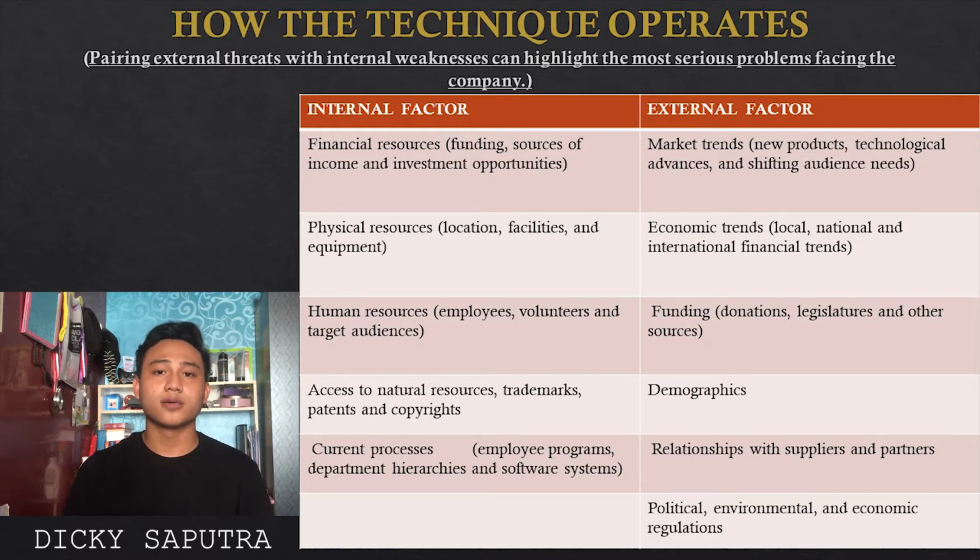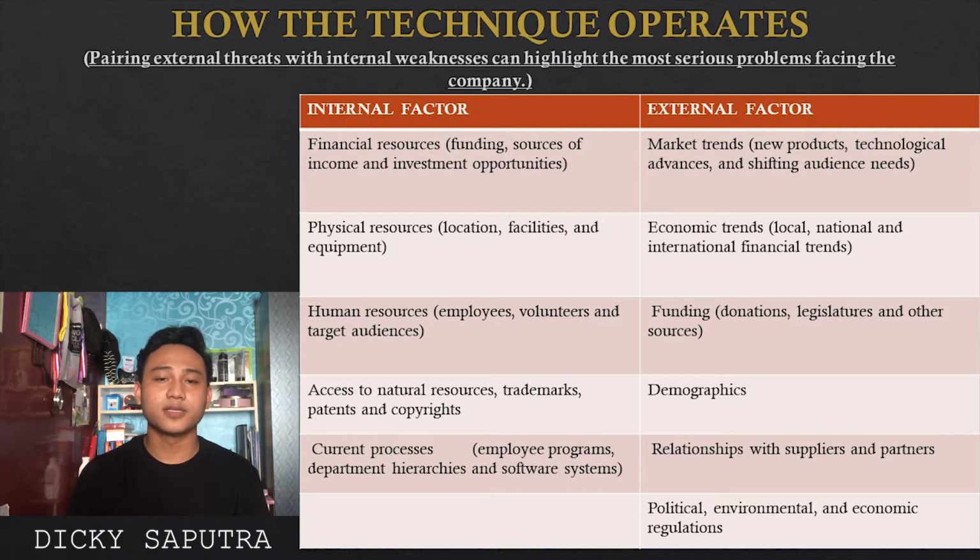So right now, according to the table, there are internal factors and external factors. Internal factors, strengths and weaknesses, refer to resources and experiences available to you. These are some internal factors that are usually considered. First, we have financial resources, for example funding, sources of income, and investment opportunities.